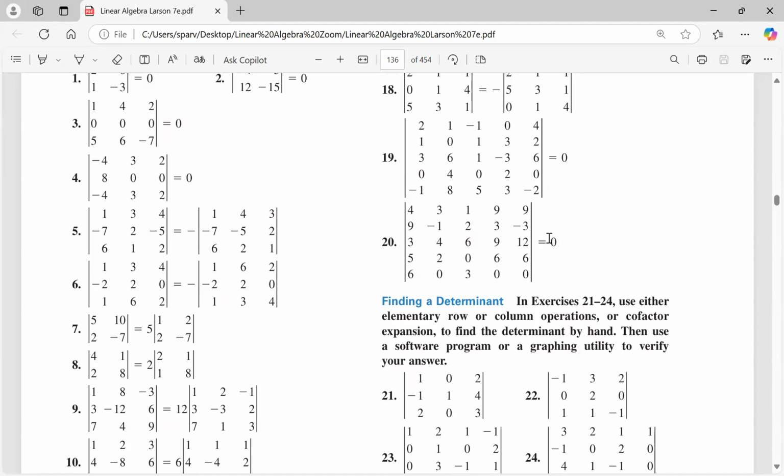Why do you think the determinant is 0? He hasn't done anything. We can't tell that, because we don't see what's on the right side, unlike number 5, number 7, 8, and so on. Why is the determinant in number 20 0?